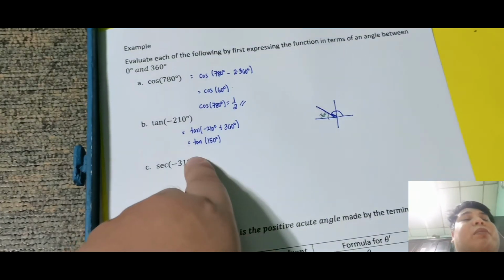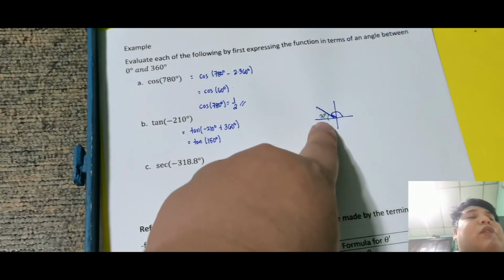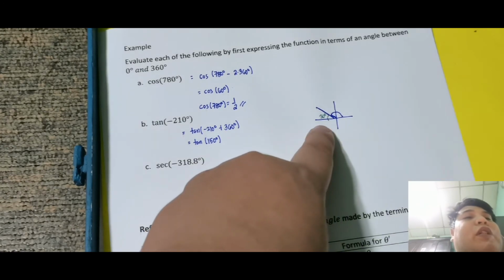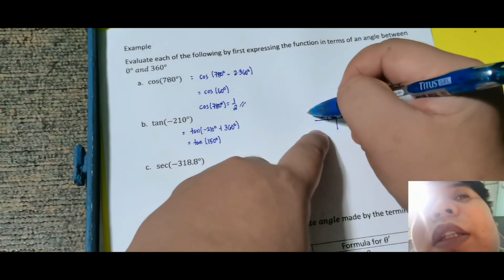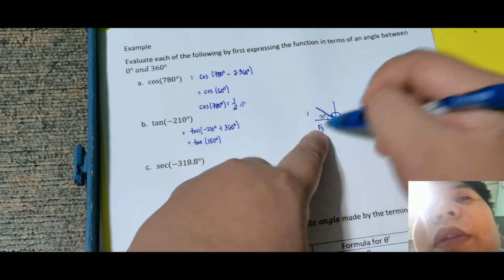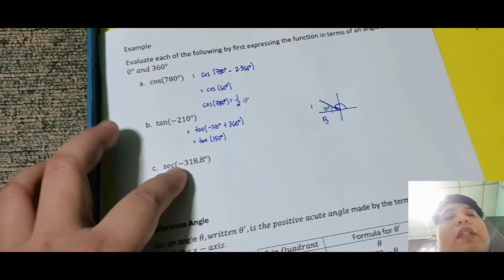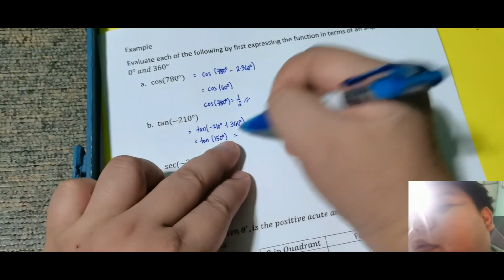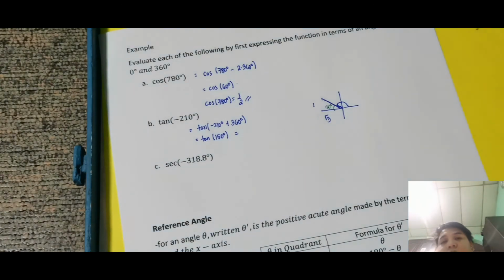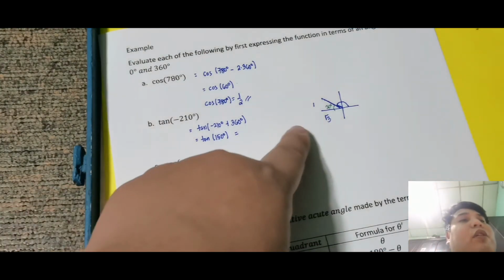So yung tangent 150 degrees, equivalent dito sa tangent, opposite over adjacent. Opposite niya is 1, at alam natin yon, this is square root of 3. So what is tangent 150 degrees? Negative yung x, so negative yung square root of 3.